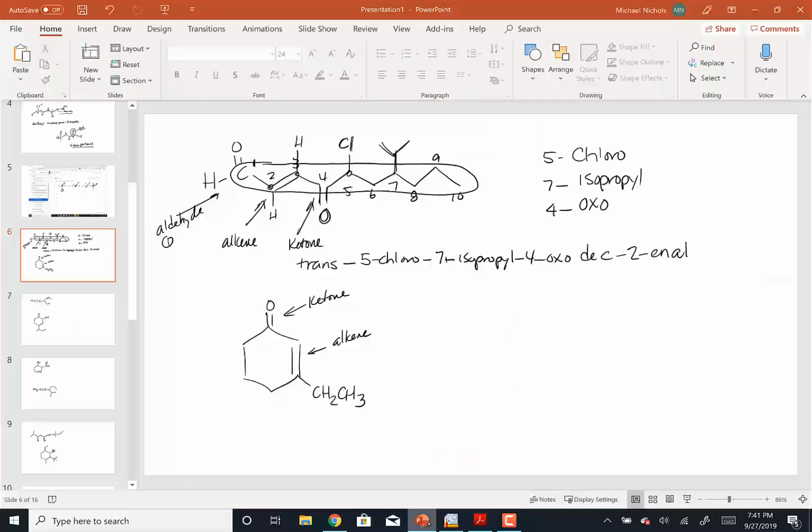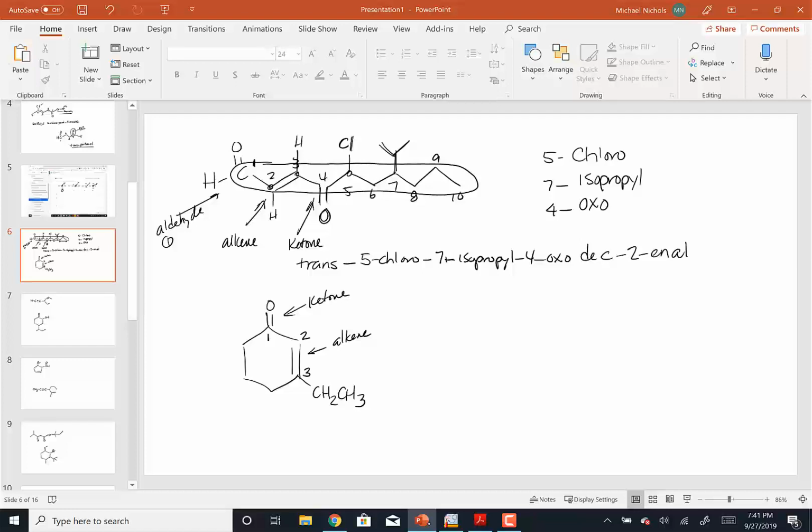So that means I'm going to number the ketone first. This is going to be carbon 1. Now I'm going to number to give the next highest priority group the lowest number possible, which means I'm going to go 2 and 3, and that's as far as I need to go.